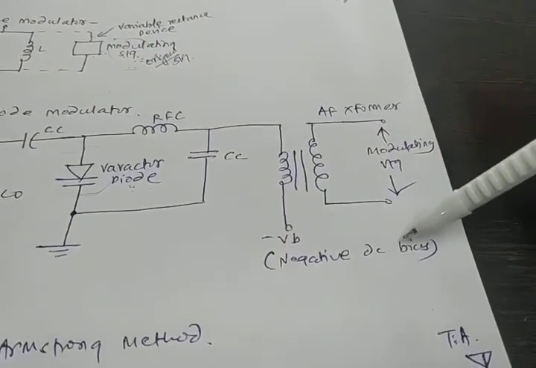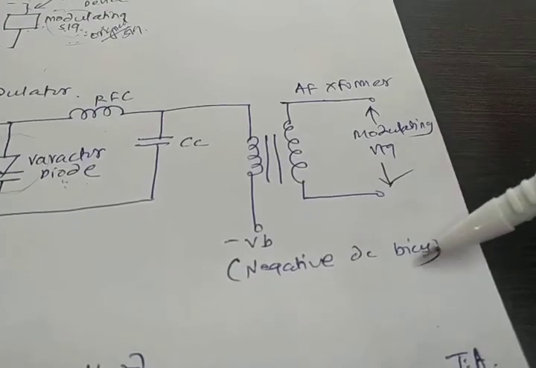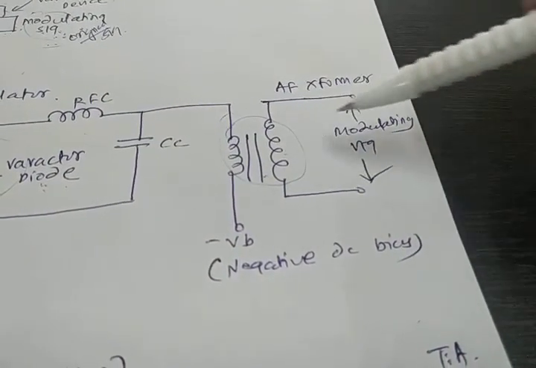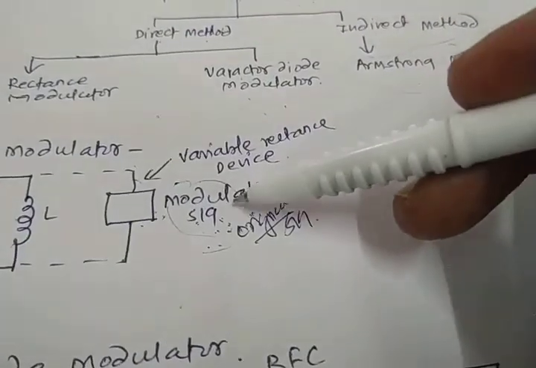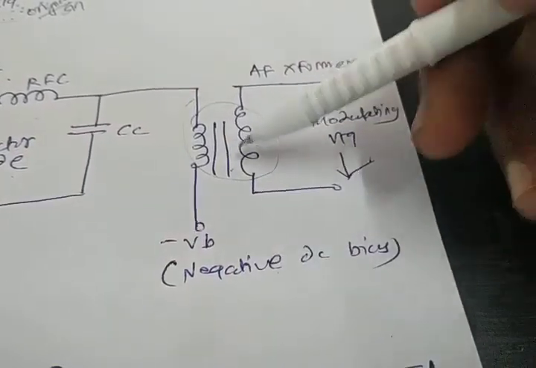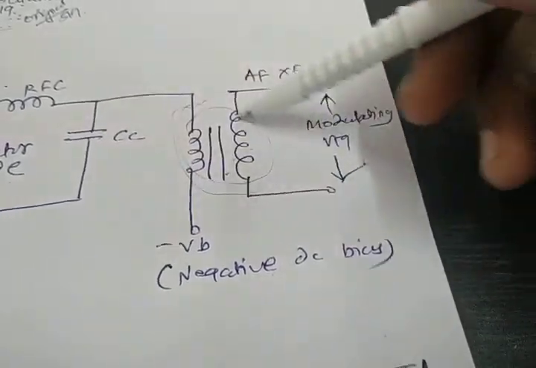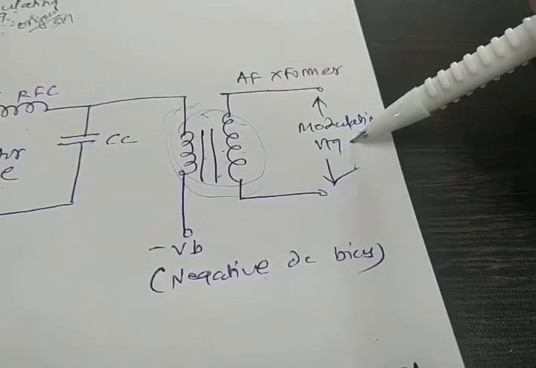Whenever we provide this negative DC bias signal across this AF transformer, the AF transformer generates the modulating signal. Here, instead of directly applying the modulating signal, with respect to this negative DC bias voltage we apply the voltage across this transformer, and the transformer generates the original modulating signal.